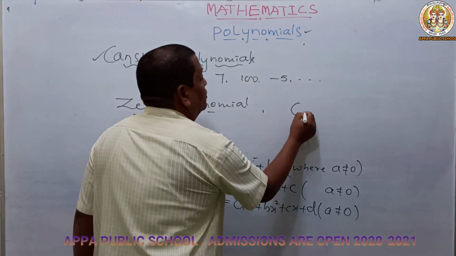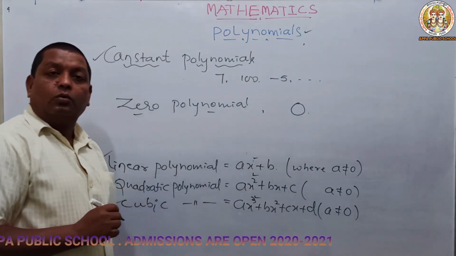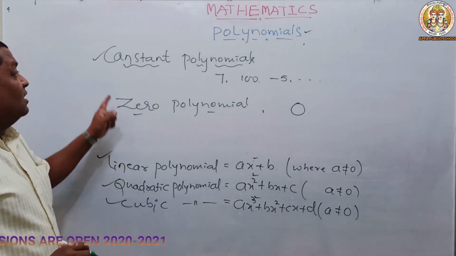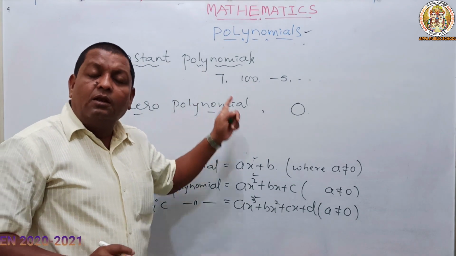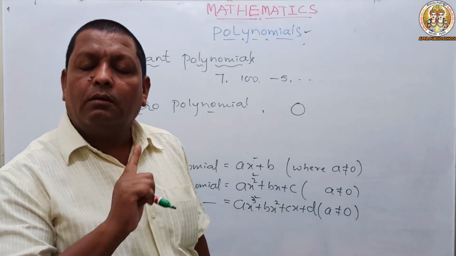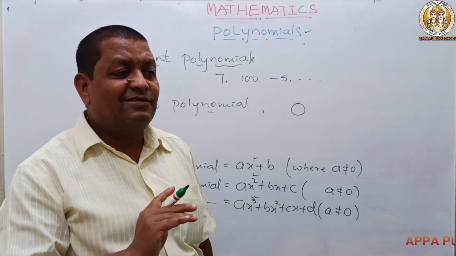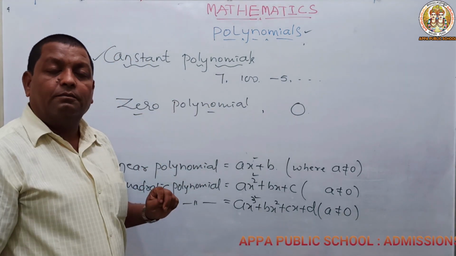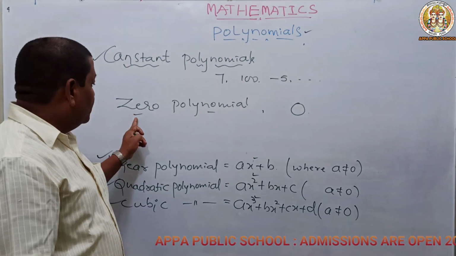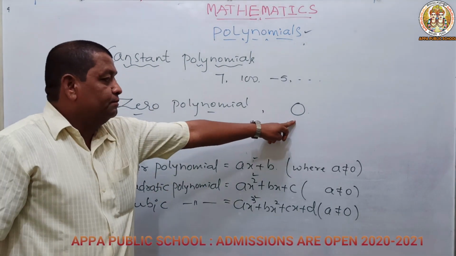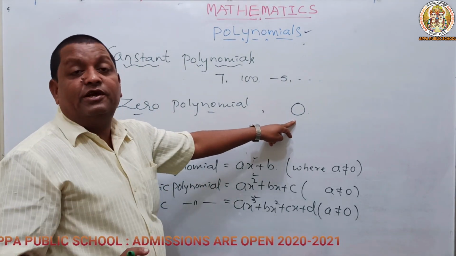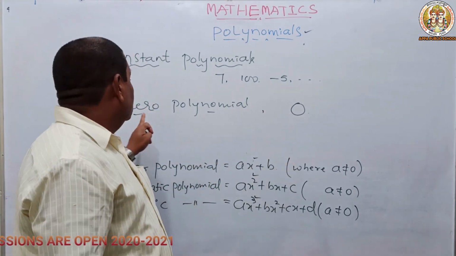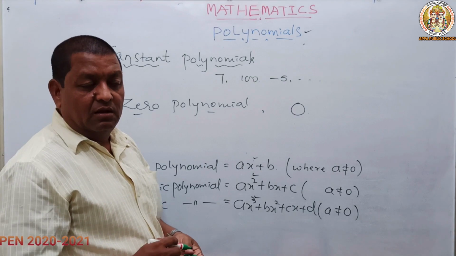So it contains only 0. What do you mean by constant polynomial? The polynomial which contains only a number, no variable. If only 0 is there, that polynomial is called the zero polynomial.